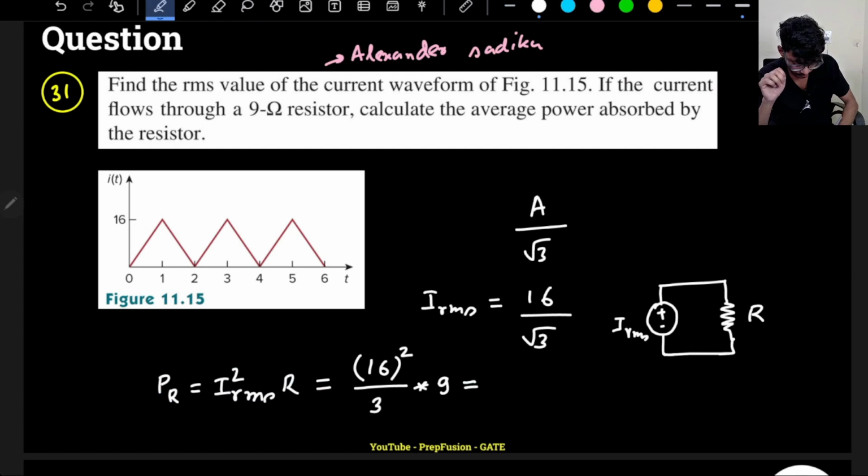So this equals 16 whole square into 3, which is 768. 768 watts will be the answer. Pretty straightforward and simple. Let's move on to the next question.